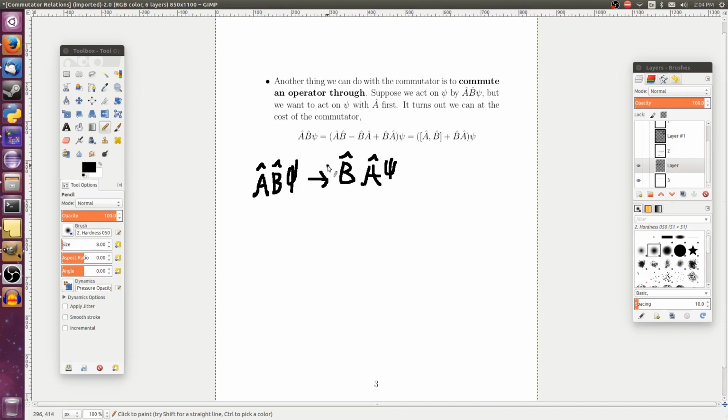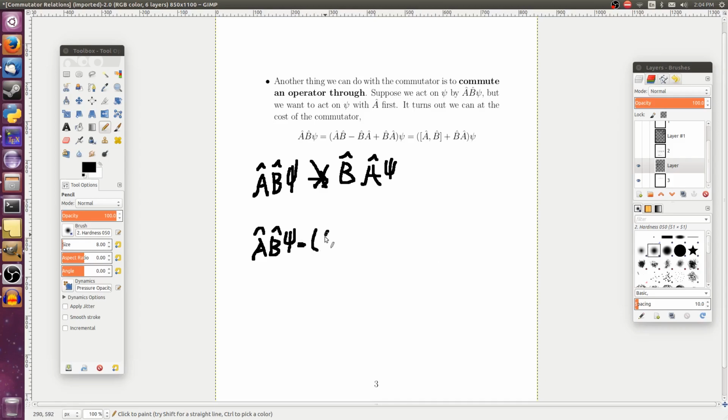But if it's not a commutative operator, I can't. But it turns out there's a trick. So if I've got AB acting on psi, we can do a cute little trick.